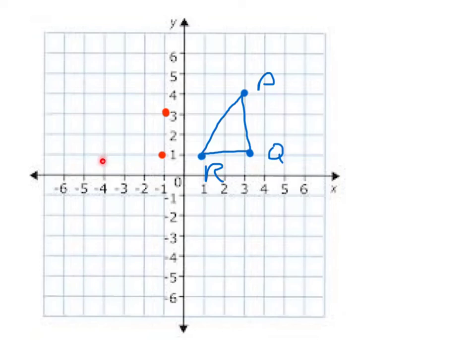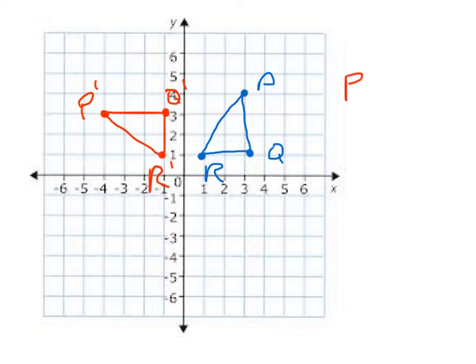And P is going to go way down over here. It's up above the Q. It's up 1, 2, 3. So 1, 2, 3. We put that there. And now we can go ahead and draw the lines. And we can say this is P prime, this is Q prime, and this is R prime.